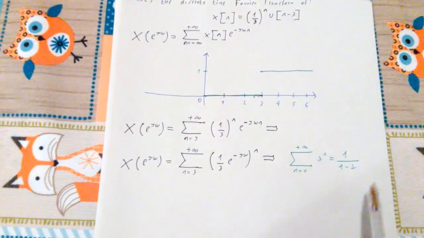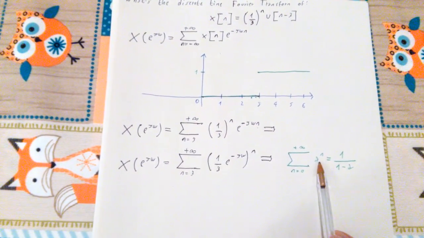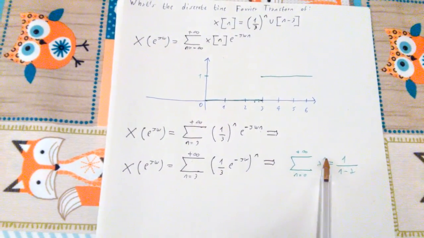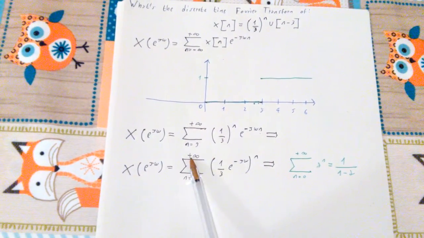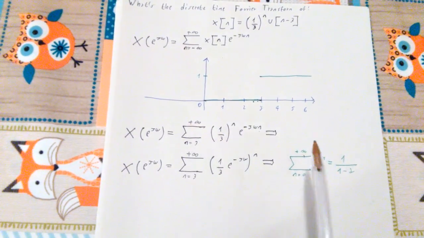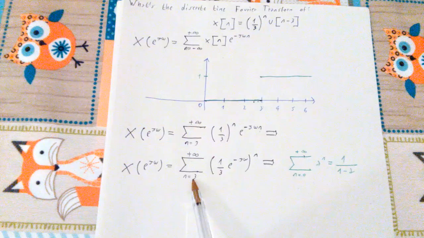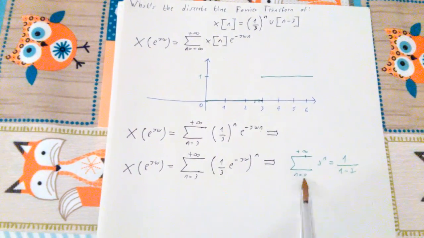So how do we get here from here? Well, we have something raised to the n, which is good. We go to positive infinity, which is good, but we're not starting from 0, we're starting from 3 because we are shifted. So what do we do?